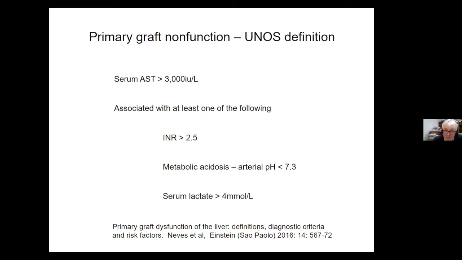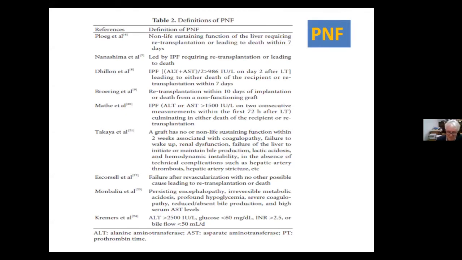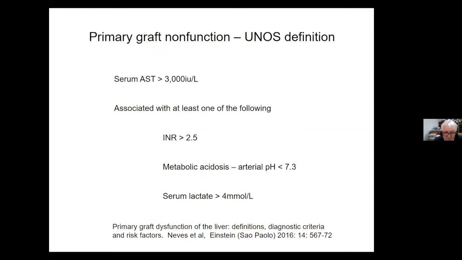And certainly with DCD, a first day AST of 3,000 is compatible with graft survival. The other factors in this definition are an INR of greater than 2.5, severe metabolic acidosis with a pH of less than 7.3, and a serum lactate of 4.